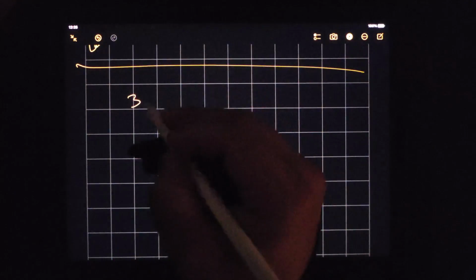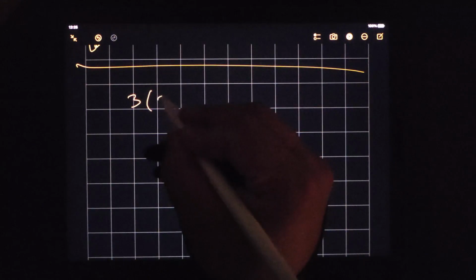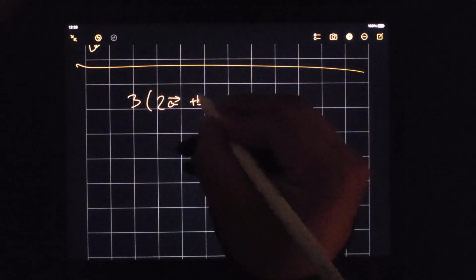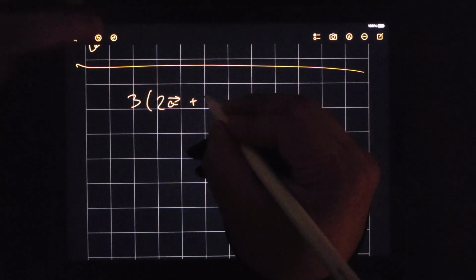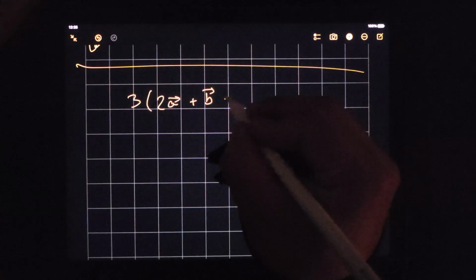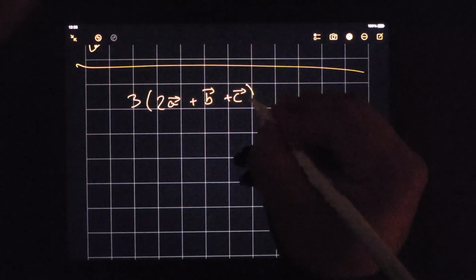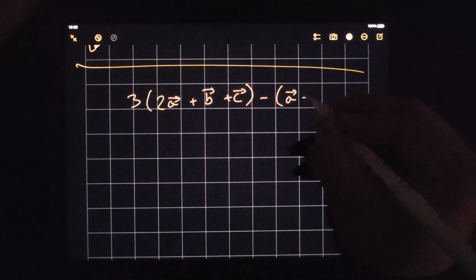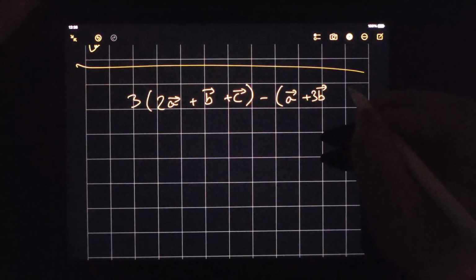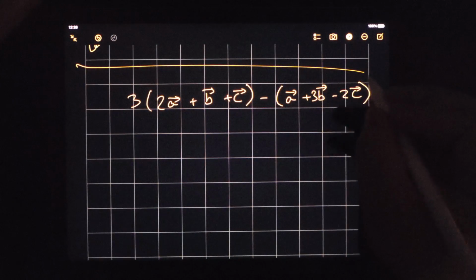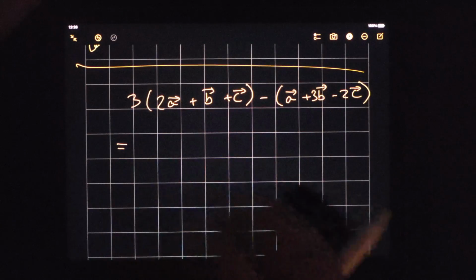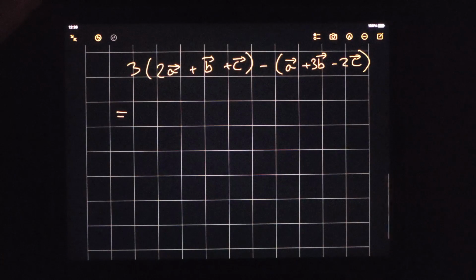Let's say we have 3 times 2a, and the task is to simplify this expression.